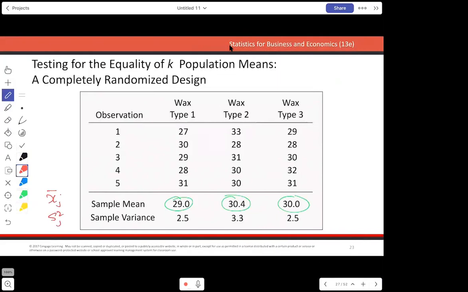By using the formulas that we learned back in chapter 3 for sample variance. In some cases we will give it to you, and some you have to calculate. Once you have the sample mean and sample variance, you could go about stating the problem.